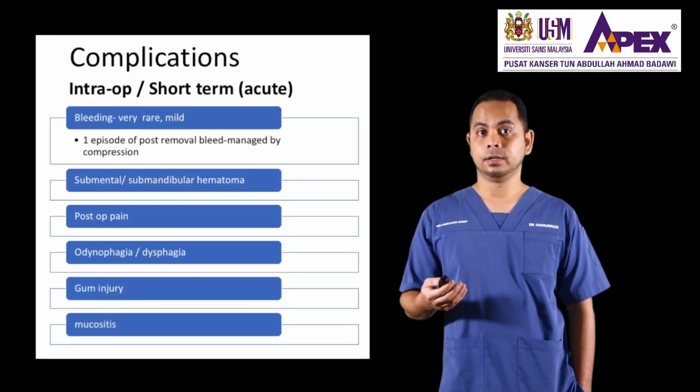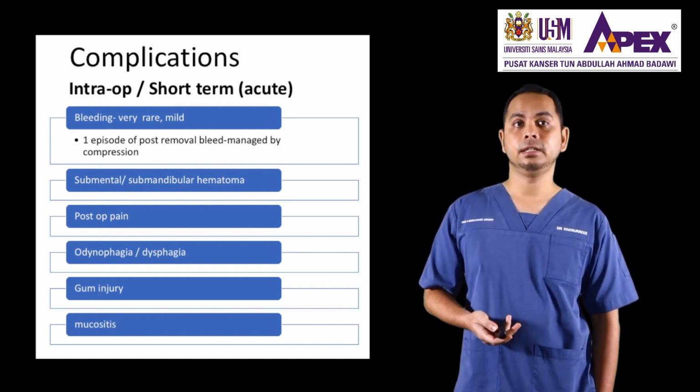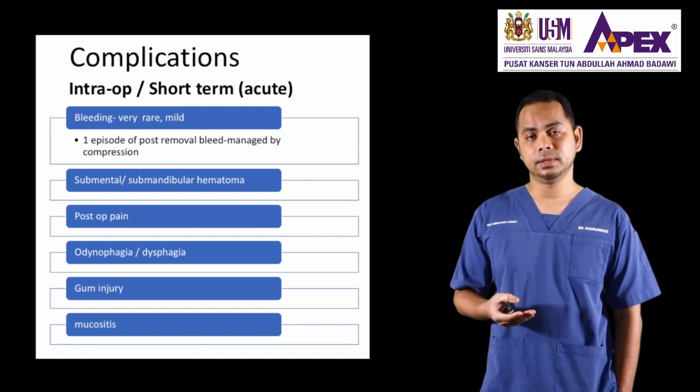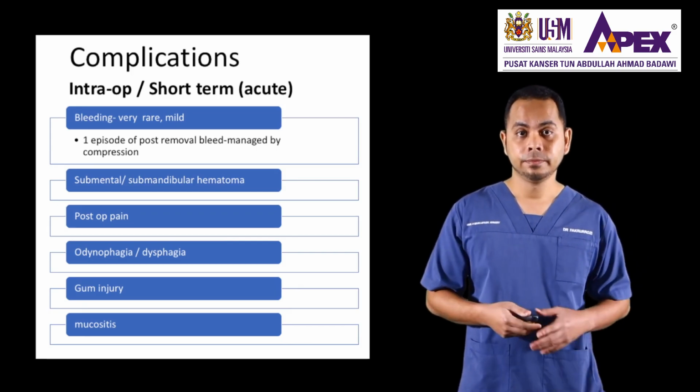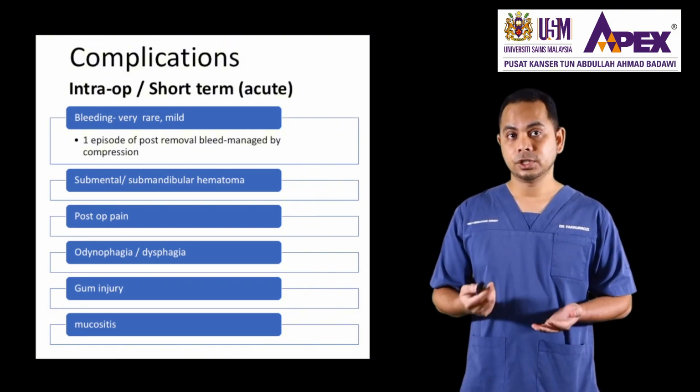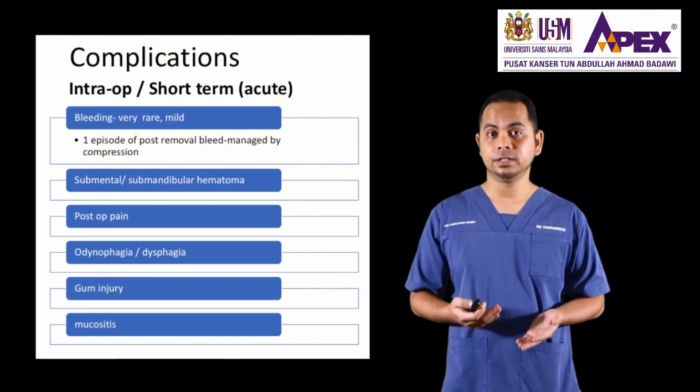And the complication that we have post-hybrid therapy is mainly bleeding, but it is very rare, and we can have a submental or submandibular hematoma, and some patients have post-operative pain, odynophagia, gum injury, and mucositis.